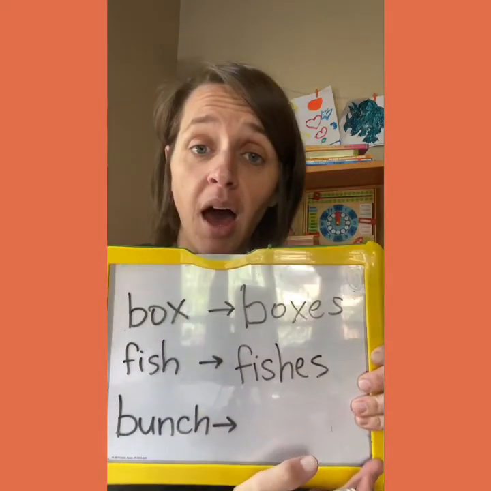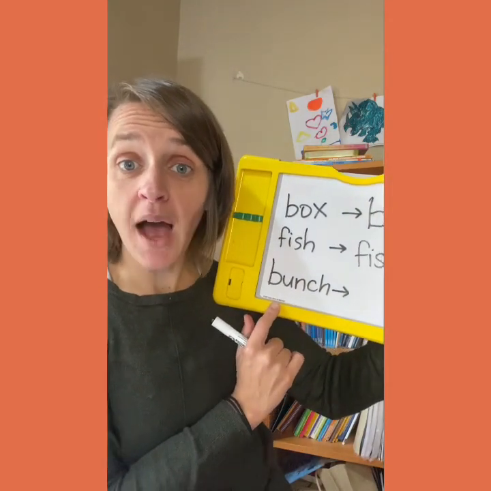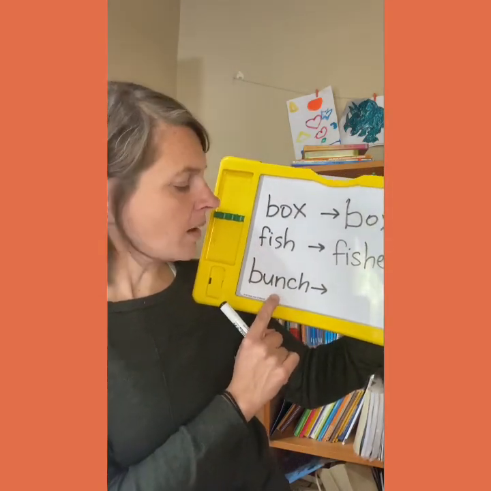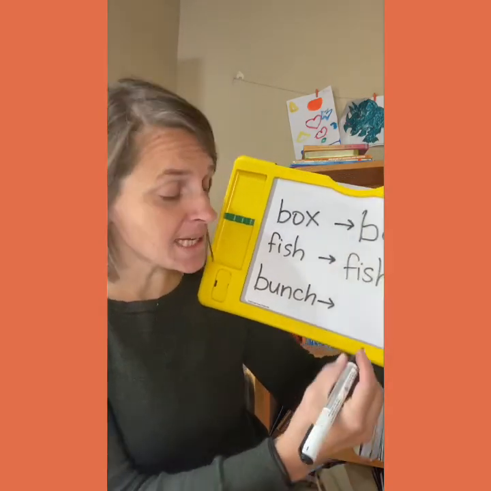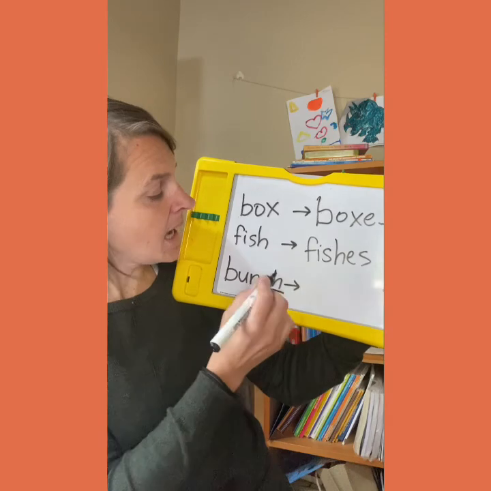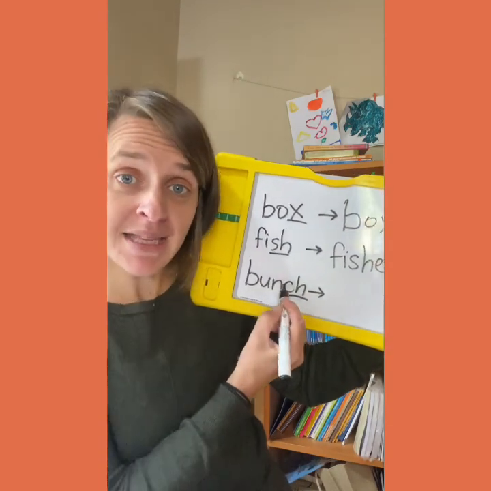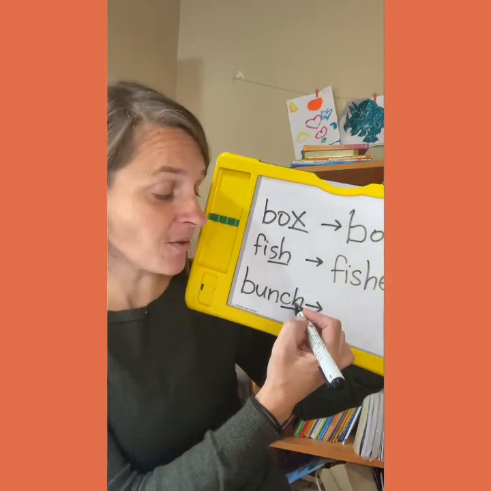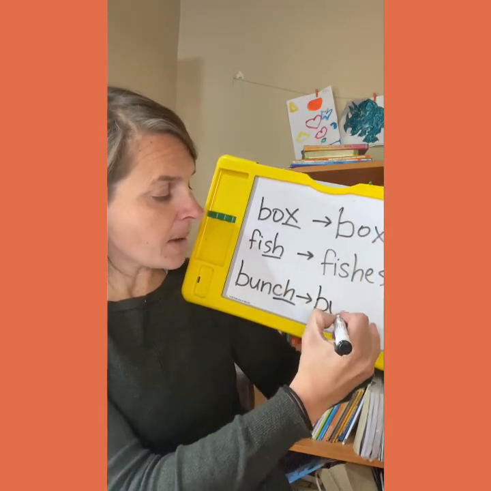I see lots of fishes. Or I have a bunch of grapes, I need to buy 3 bunches. Bunches, so CH, SH, X, S. If it ends in these sounds, those hissing sounds, then you add ES, bunch to bunches.